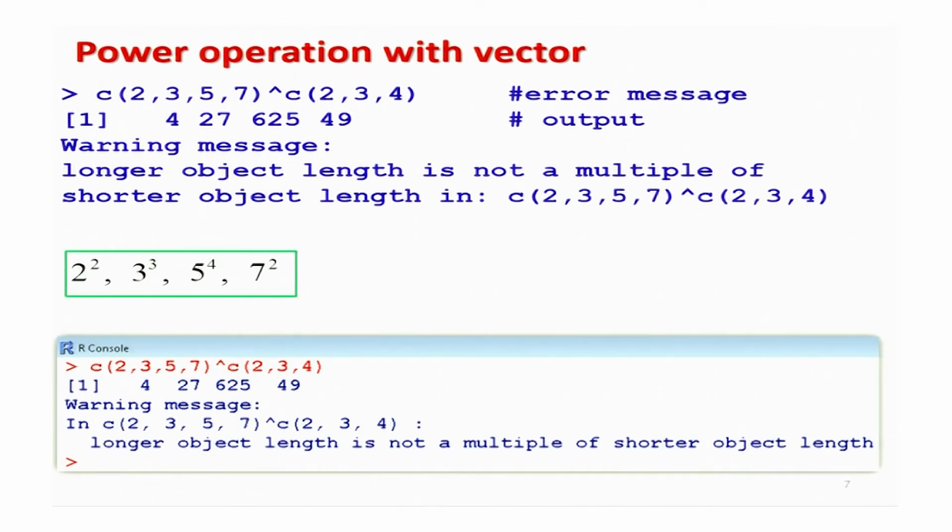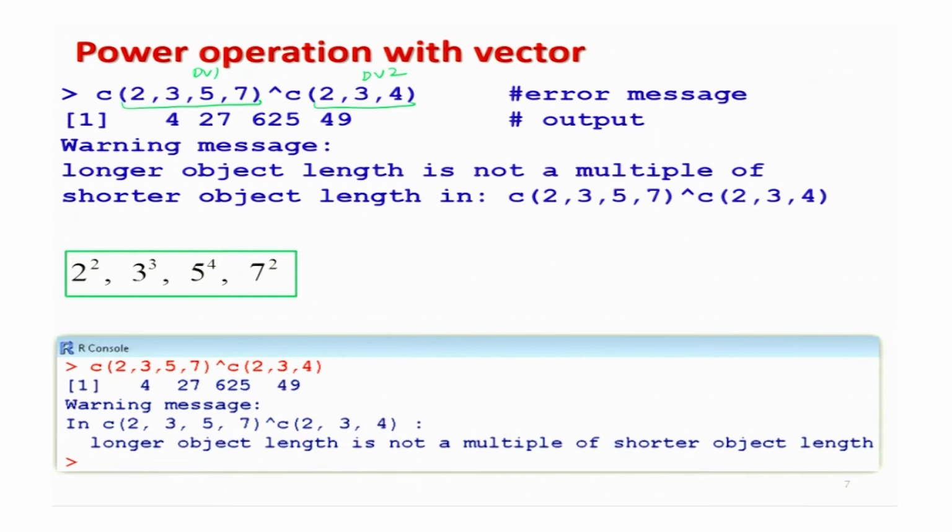Okay, now I take one more example where I keep the length of the second data vector not an exact multiple of the length of the first data vector. This is my dv1, which has 4 values, and this is my dv2, which has only 3 values.